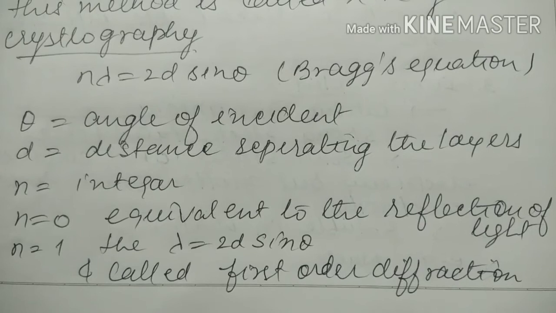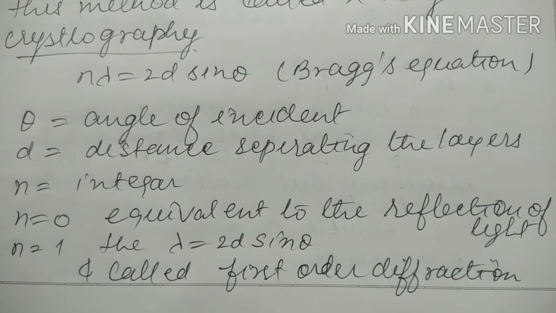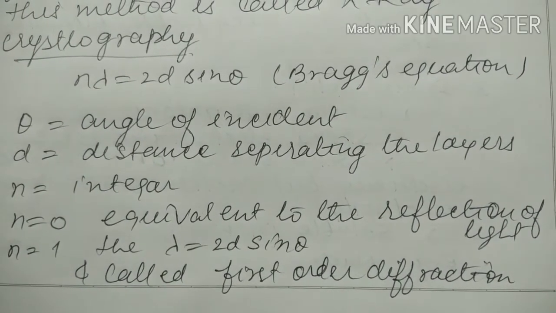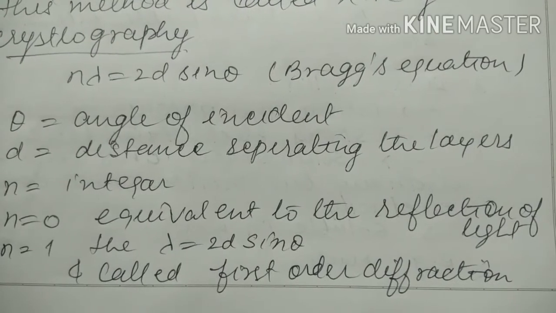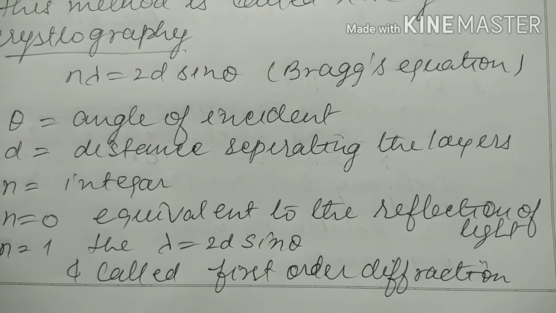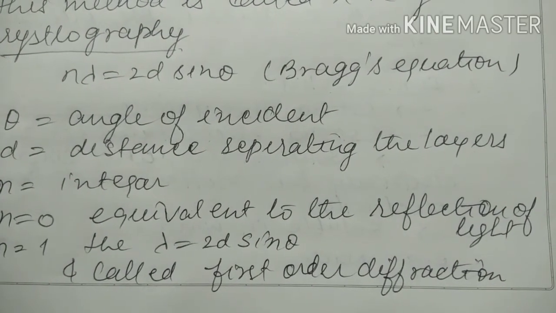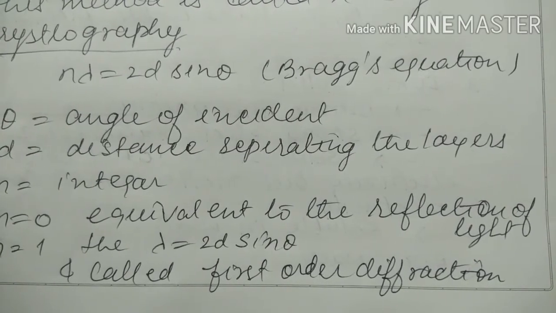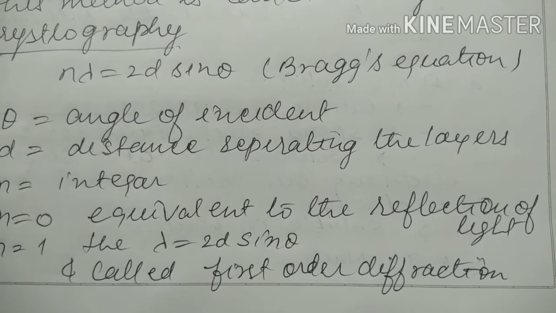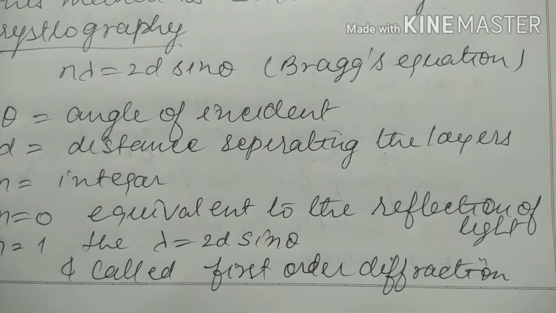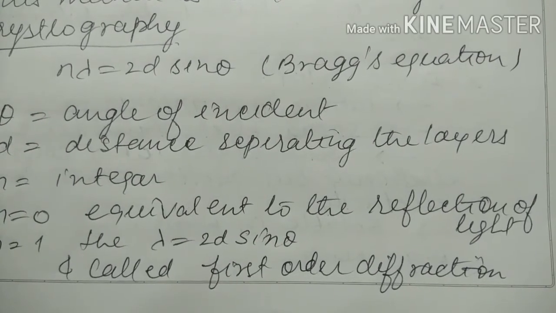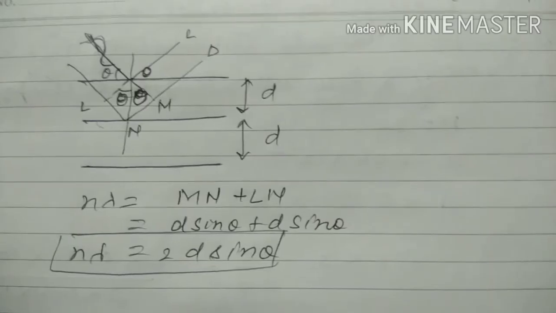If n is equal to 0, it is equivalent to the reflection of light. If n is 1, then λ = 2d sinθ and it is called first order diffraction. If n is equal to 2, it is called second order diffraction.